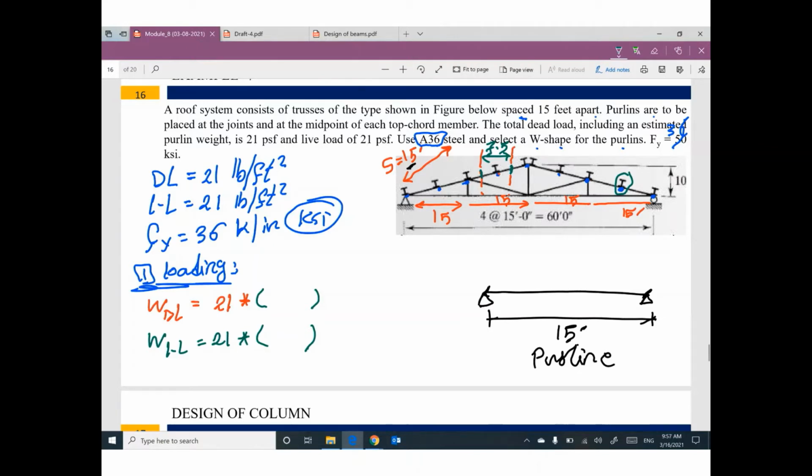I think the distance for live load will be the horizontal distance, 7.5. For dead load, I think we can assume it's 7.5 also. It should be the inclined distance, but it will be very close.